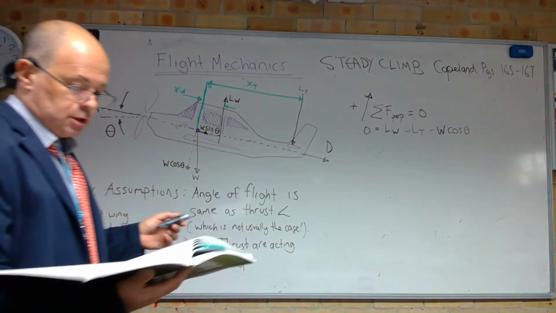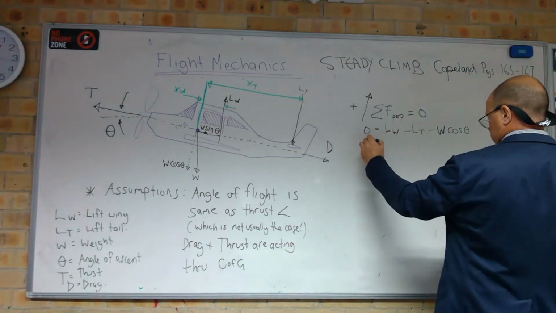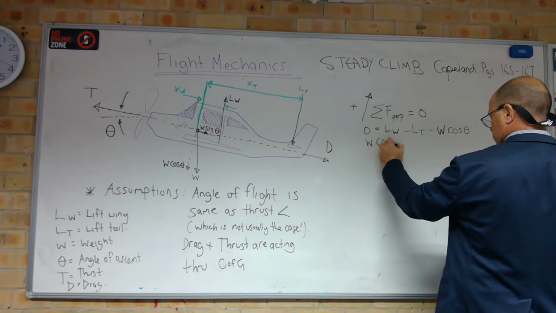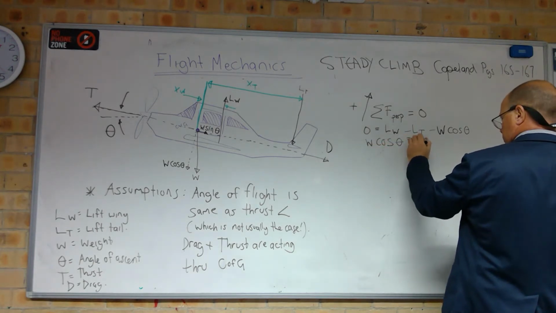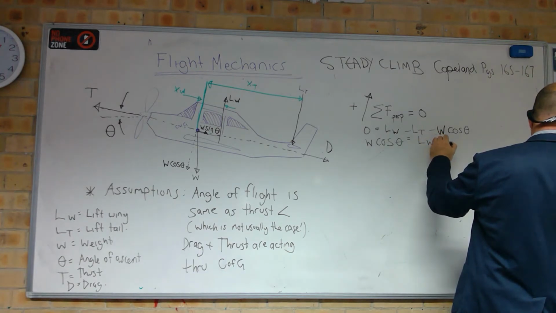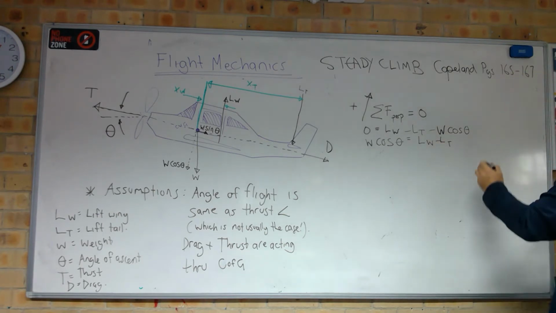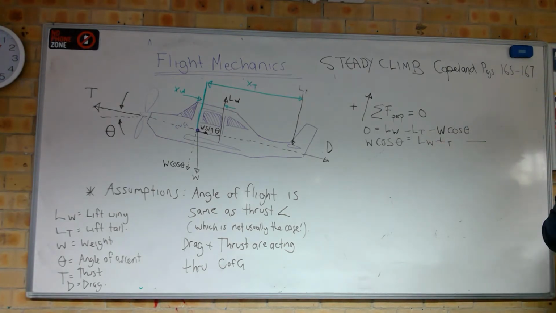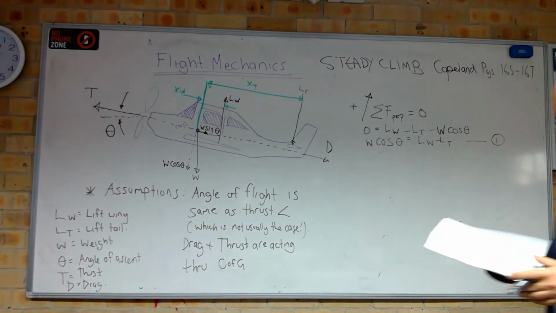So your first equation comes to W cos theta is equal to the lift of the wing minus lift of the tail. They've labelled that as equation 6 because they've gone through all of the equations in order from the steady flight examples, but I'm just going to call that 1. That's our first equation.